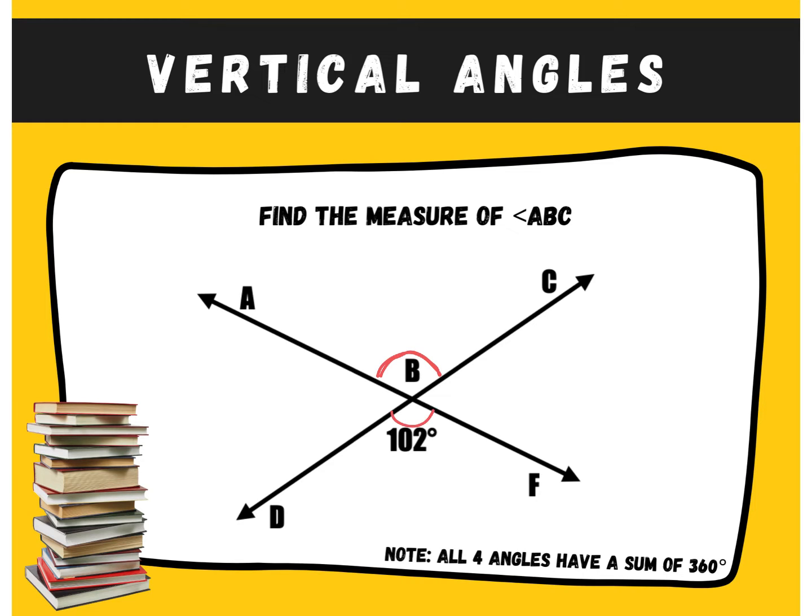In this case, the angle that is vertical with angle ABC is angle DBF, and that means those are congruent angles. So I could say here that the measure of angle ABC is 102 degrees. How I write that is I use an M for measure, an angle sign for an angle, and I say the measure of angle ABC is equal to 102 degrees.